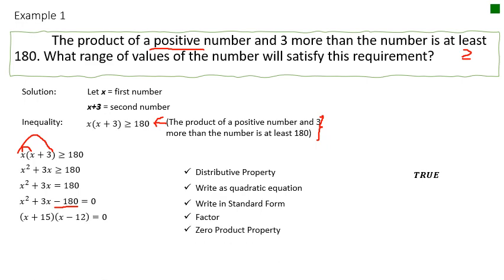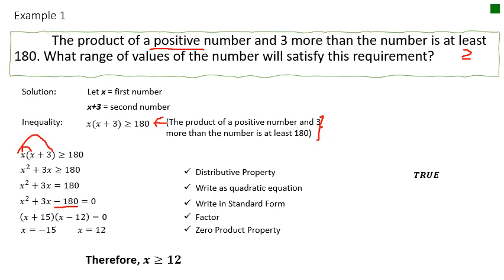Next, zero product property, equate mo lang both factors kay 0 and then get the value of x. Si x plus 15 equals 0, pag kinuha yung value ng x will give you negative 15. And yung isa naman, x minus 12, pag ini-equate kay 0 and kinuha ang value ng x will give you positive 12. So, therefore, x is greater than or equal to 12.